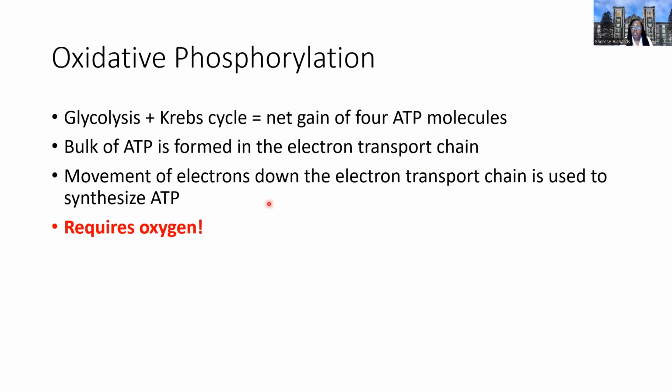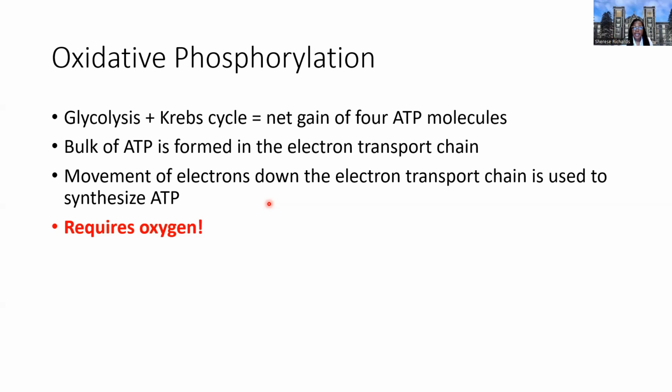So we're going to move electrons down their gradient, down a transport chain, and we're going to take the energy that's released from moving those electrons down their gradient, and we're going to capture and harness that to make a substantial amount of ATP. Now, because this happens in the mitochondria and because of the enzymes that are used, we're going to need to invest energy to make ATP via oxidative phosphorylation.